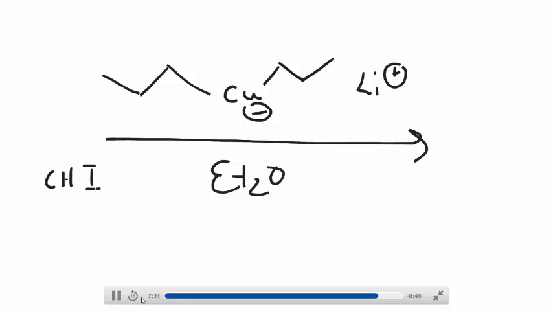They're not entirely certain how this mechanism works, so I'm not going to pretend to know. But typically you have two equivalents of the alkyl halide, and it reacts with the two alkyl chains attached to the copper, so that in the end you produce a carbon-carbon bond, and here you produce two of those.